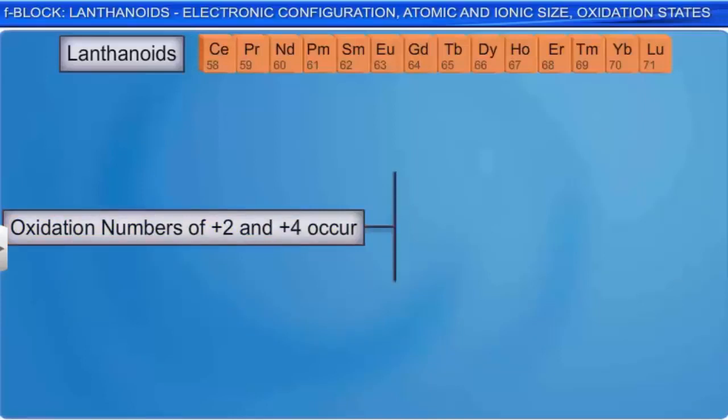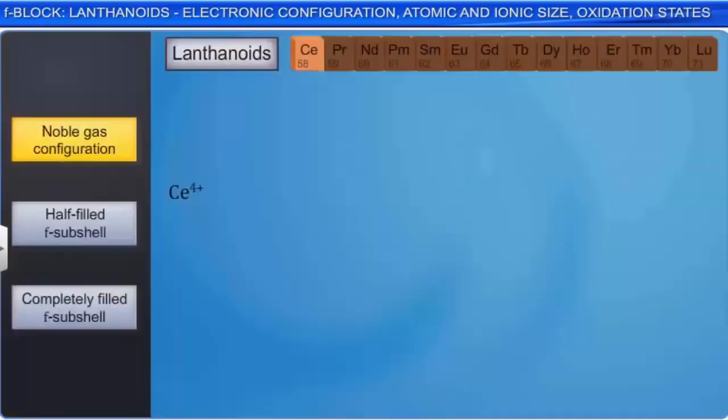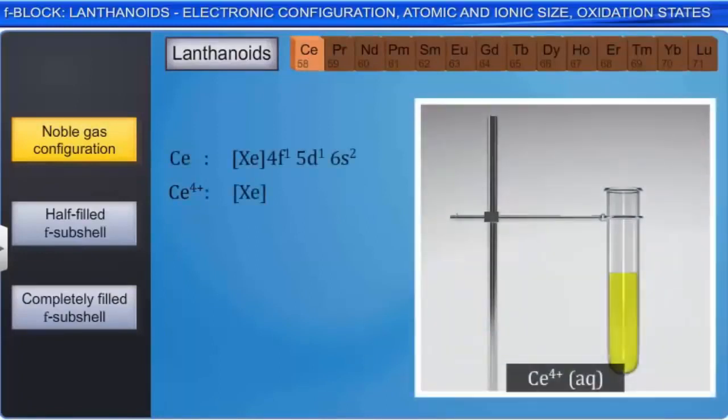An example of the first case is the cerium 4+ ion. Although cerium 4+ is favored by its noble gas configuration, it is a strong oxidizing agent, which is evident by the standard reduction potential value of the cerium+4, cerium+3 couple.